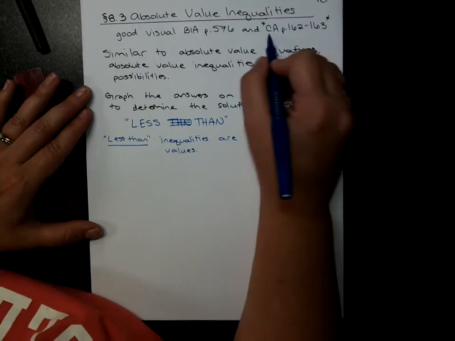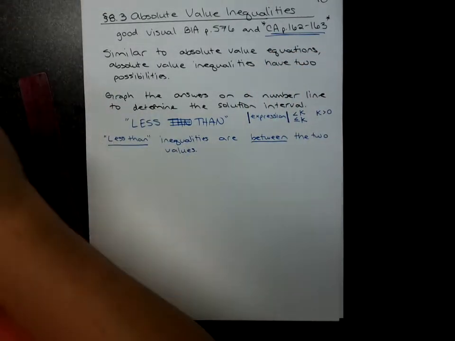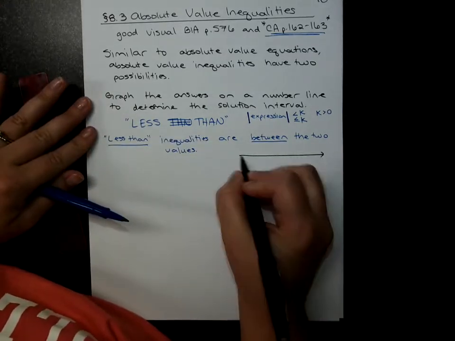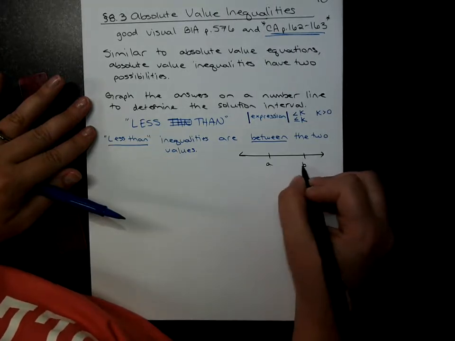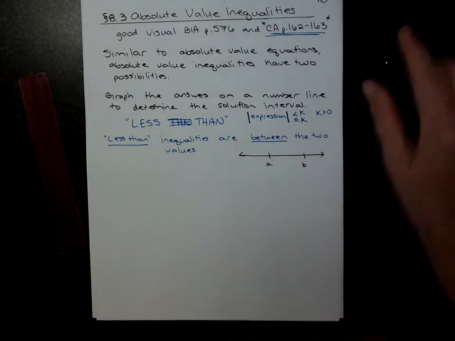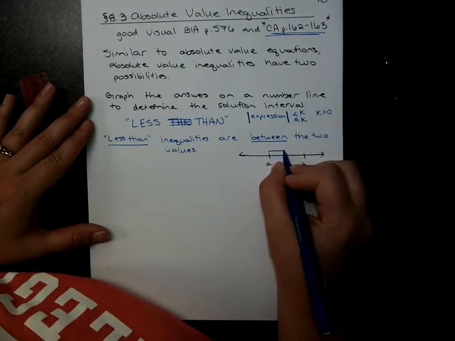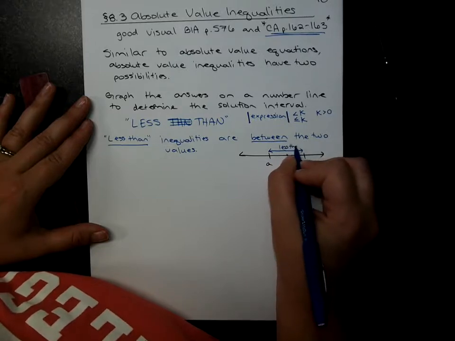So again, in that college algebra chart, it shows a number line. You have your two answers, whatever they are. I'm going to call them A and B just to be general. Whatever they are, the distance is less than those numbers.